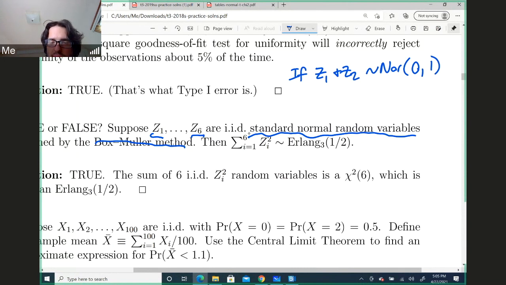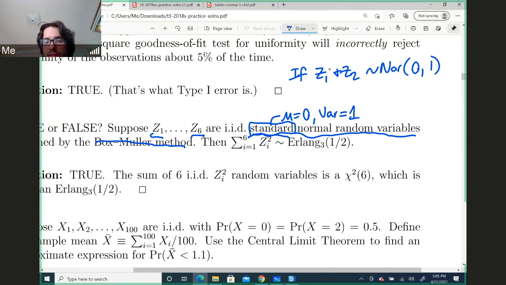Notice that when it says standard normal, the standard part means that the mean is 0 and the variance is equal to 1. That's the definition of the word standard in this context. So that's good to know. So anyway, back to this.